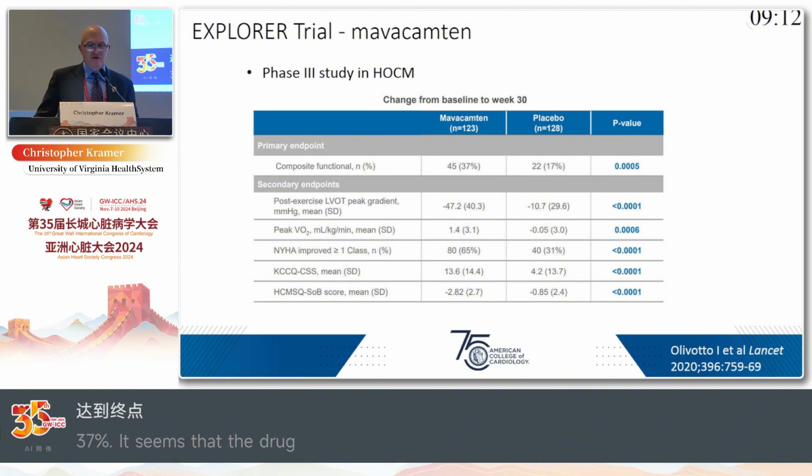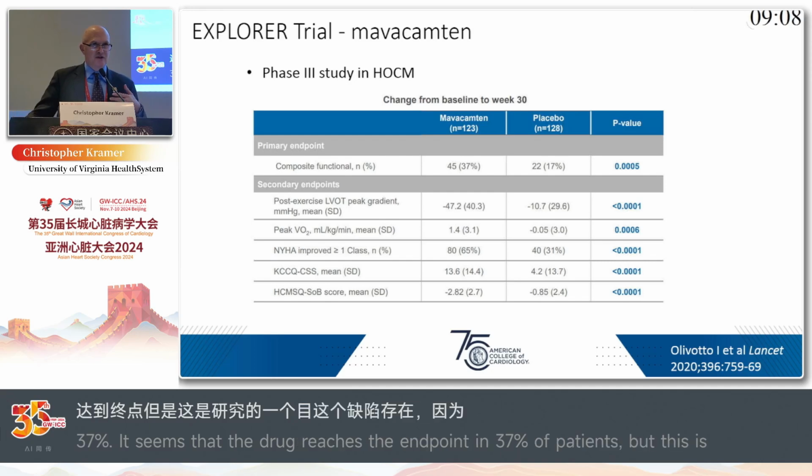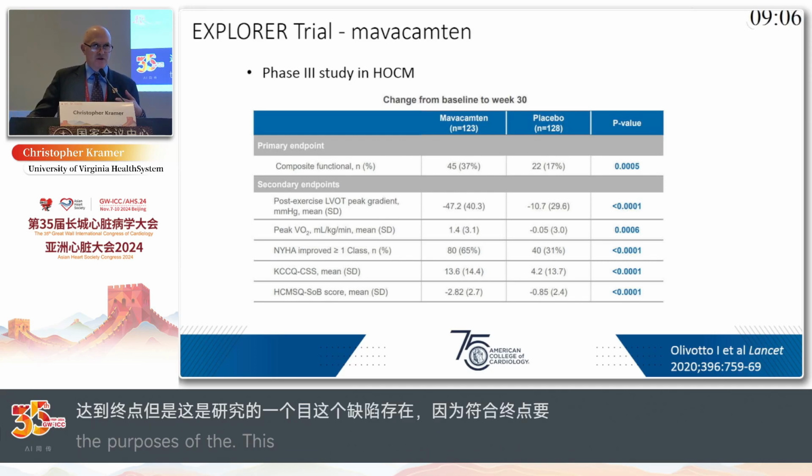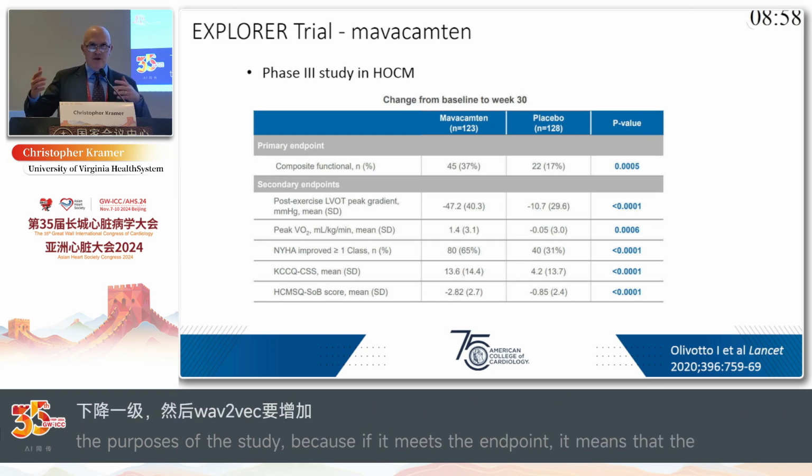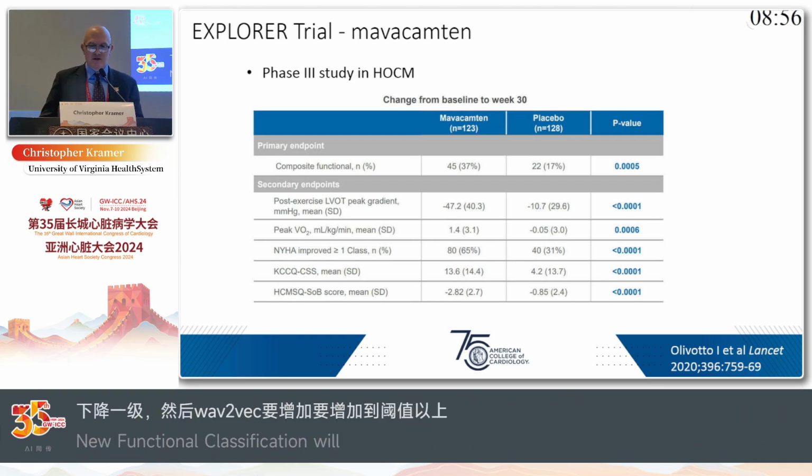The composite functional endpoint required both a reduction of one class in New York Heart Association heart failure class, as well as an increase in VO2 max of more than a threshold. And the problem was patients often acquired only one of those and not both.